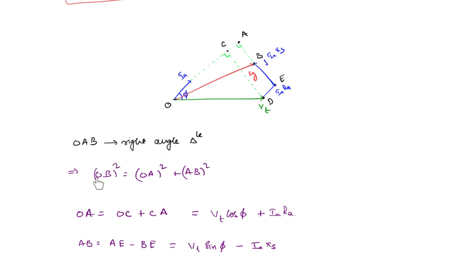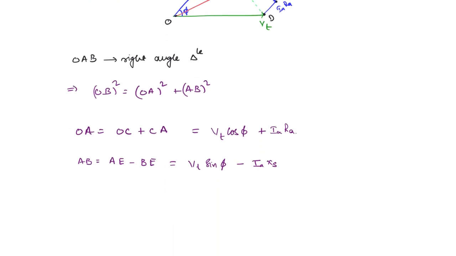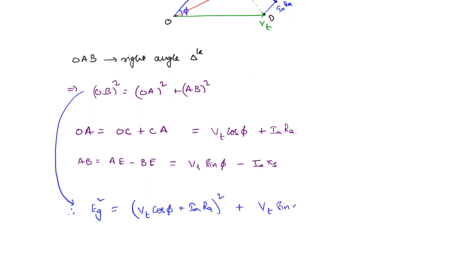Okay. So these values you will now substitute in this. Now what is OB here? OB is simply the generated voltage Eg. So you are going to get, therefore, from this equation, Eg square is equal to OA, which is (VT cos phi plus IaRa) whole square plus AB, which is (VT sin phi minus IaXs) whole square.